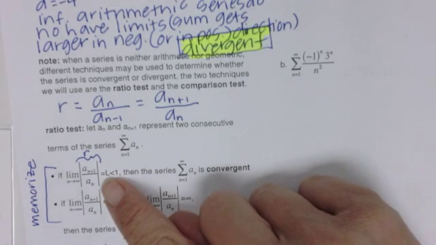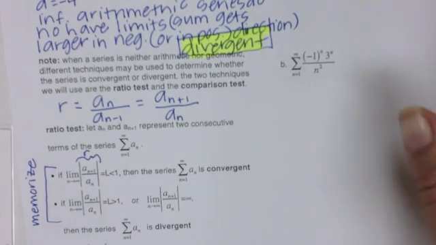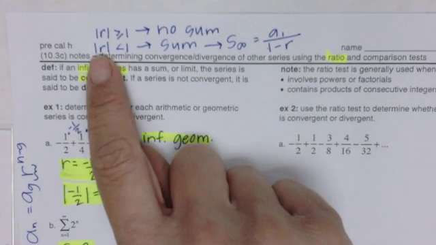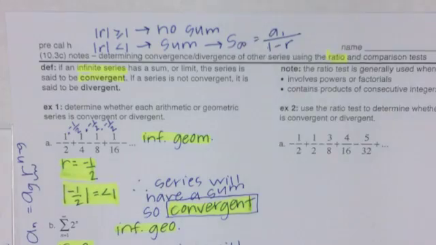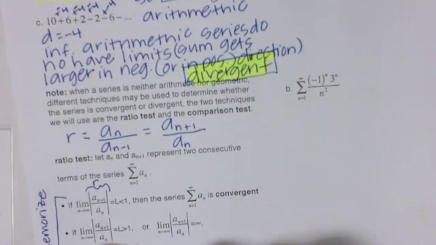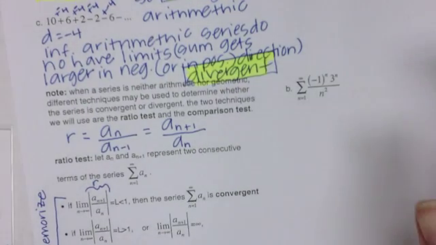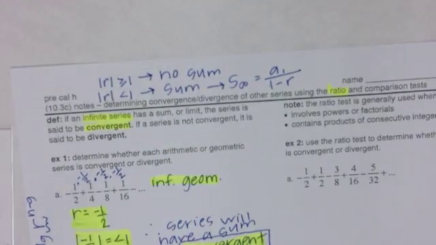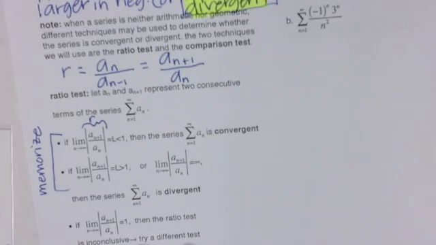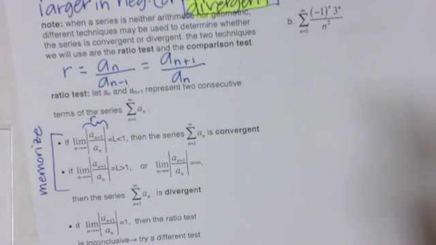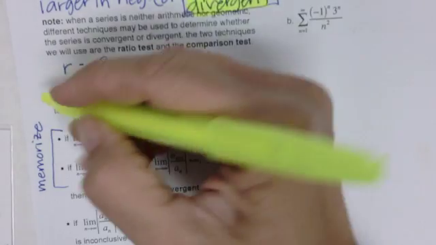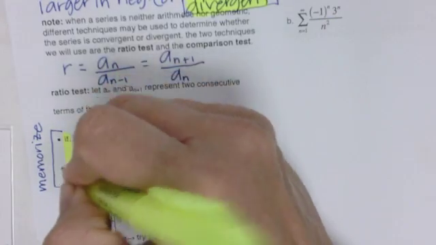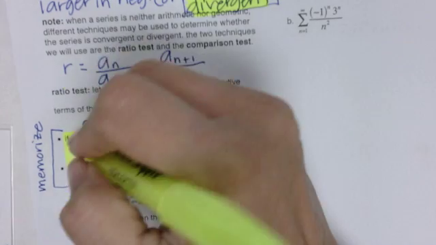If the limit is less than 1, then it's convergent, much like if our geometric r was less than 1, then it was convergent. And if the limit is greater than 1, then what happens? There's no sum, so it's divergent. That's what this is saying. And then if it equals 1, then it's inconclusive. But for this class, we won't give you inconclusive ones, okay? So you don't have to worry about that.